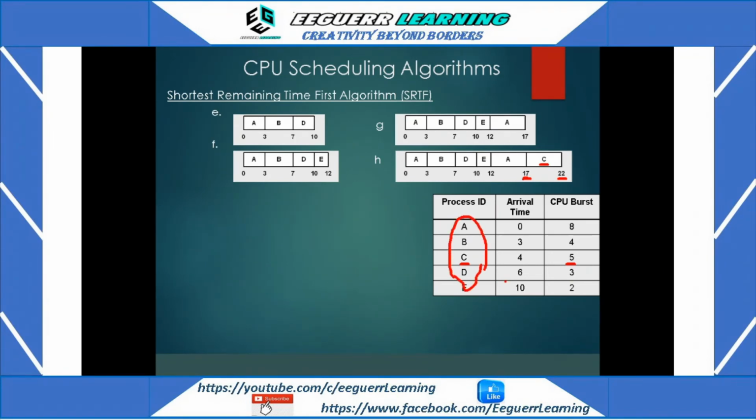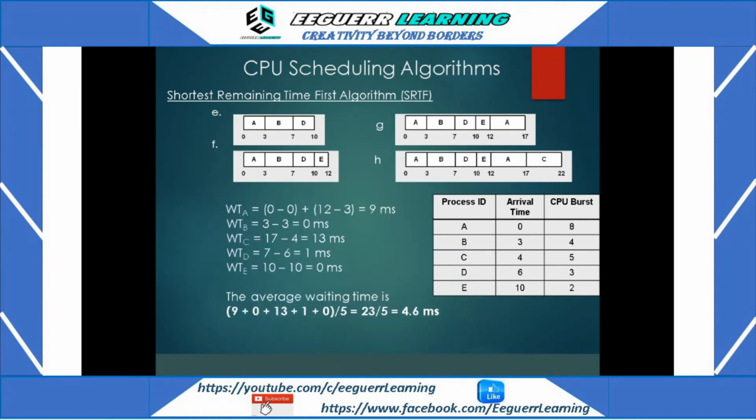So the next thing that we're going to do is to solve for the waiting time, the average waiting time, the turnaround time, and the average turnaround time. So let us continue. Here is the computation. We solve first for the waiting time of process A, looking at our last Gantt chart.